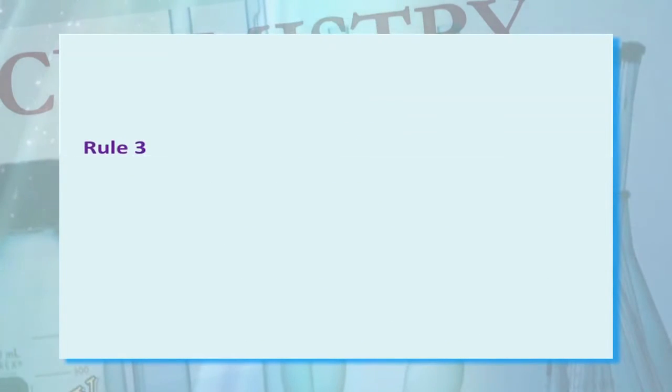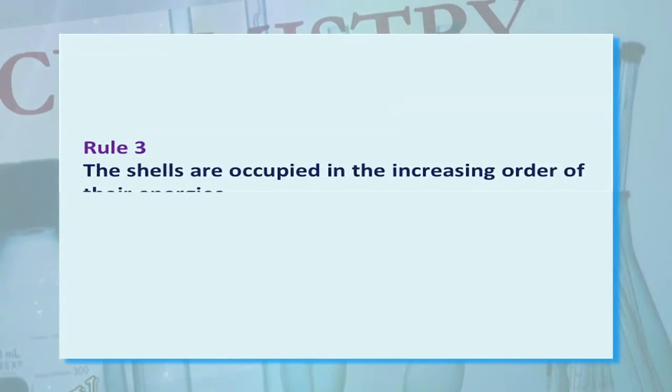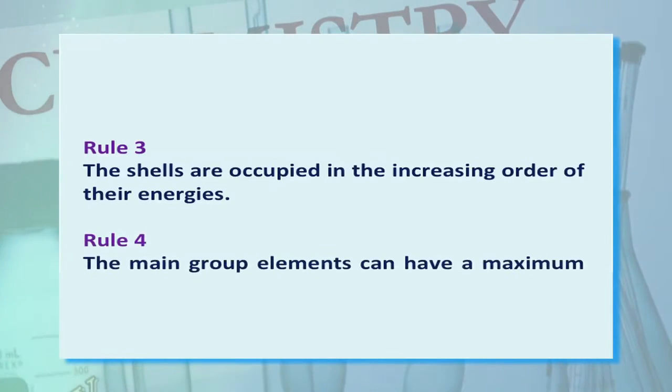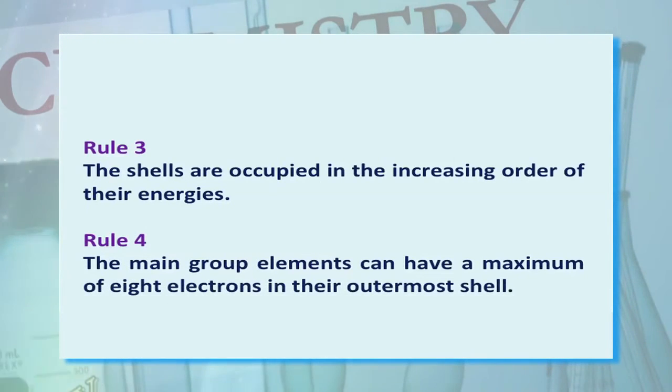Rule 3: the shells are occupied in increasing order of their energies. That means the first shell will fill up first, then electrons will go to the second shell and third shell, and so on. Rule 4: the main group elements can have a maximum of 8 electrons in their outermost shell.